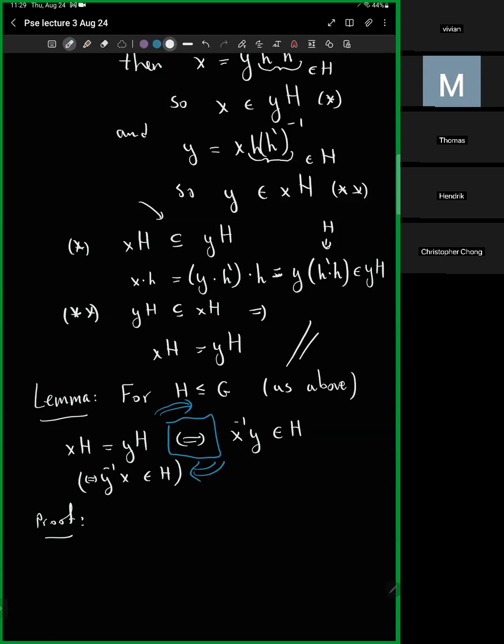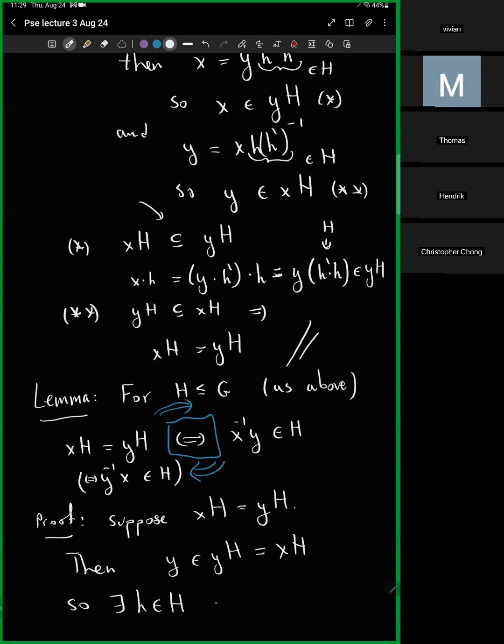So let us start. Suppose xH is equal to yH. Then, since y is in yH, which is equal to xH, there exists some h in H such that y is equal to xh.